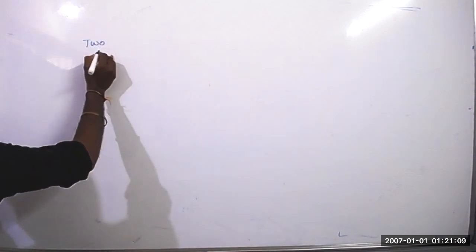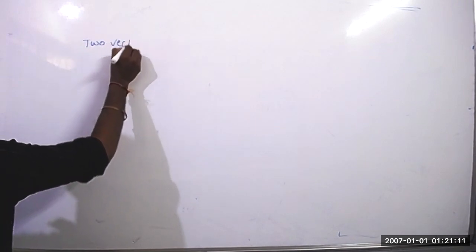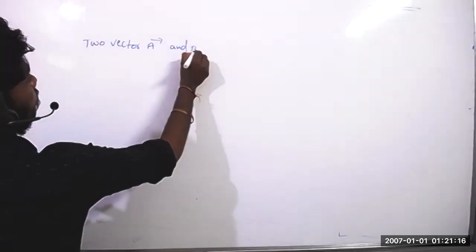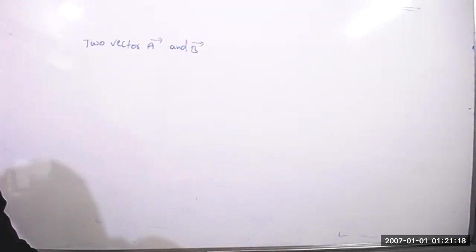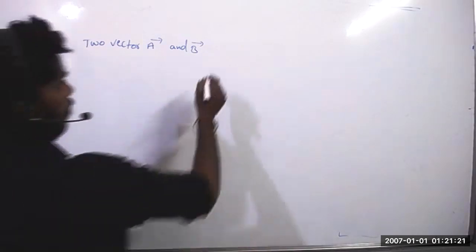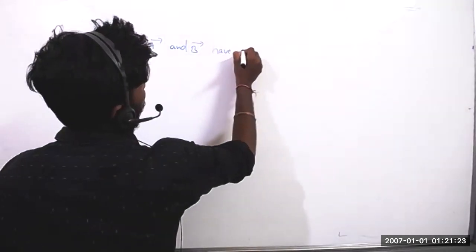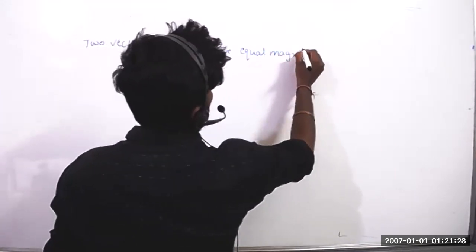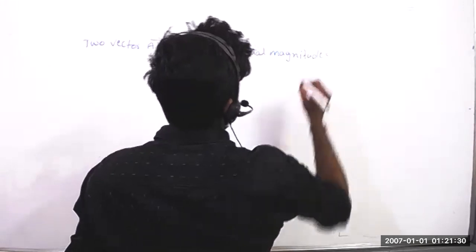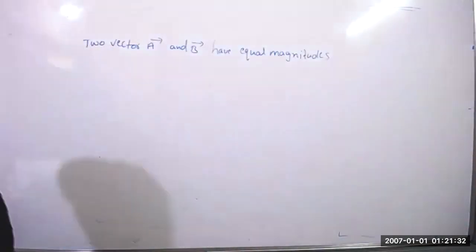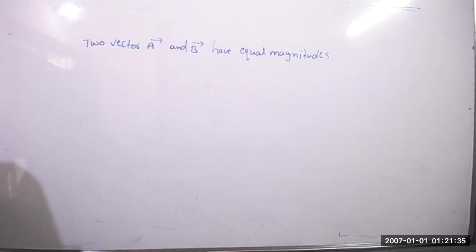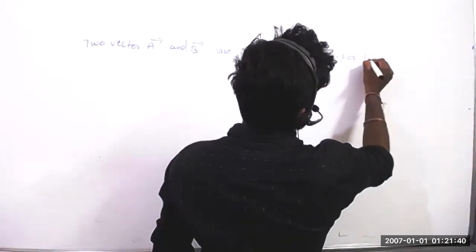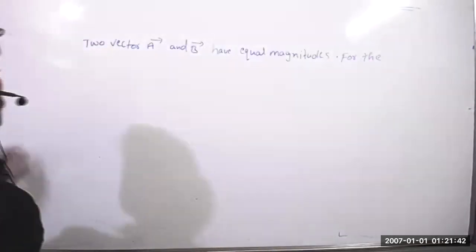Two vectors, A bar and B bar, have equal magnitudes. You know, two vectors, if you're having equal magnitudes, all information you have. The board is blurry, wait, it will come.